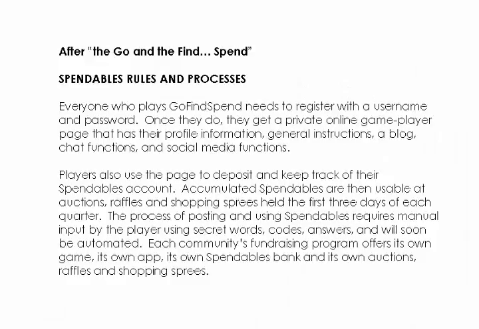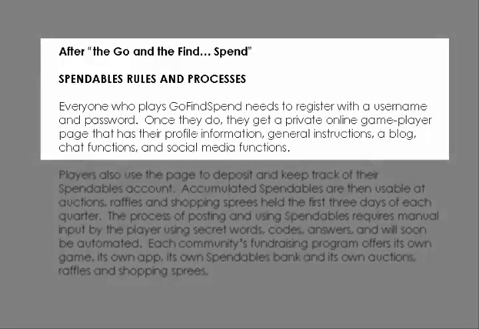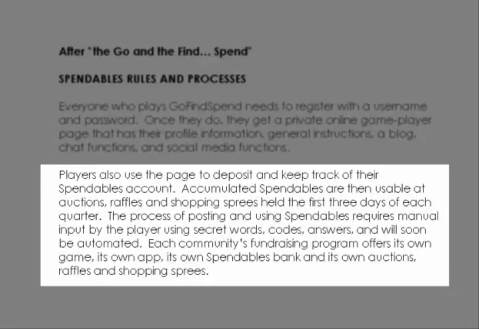Everyone who plays GoFindSpend needs to register with a username and password. Once they do, they get a private online game player page that has their profile information, general instructions, a blog, chat functions, and social media functions. Players also use the page to deposit and keep track of their Spendables account.